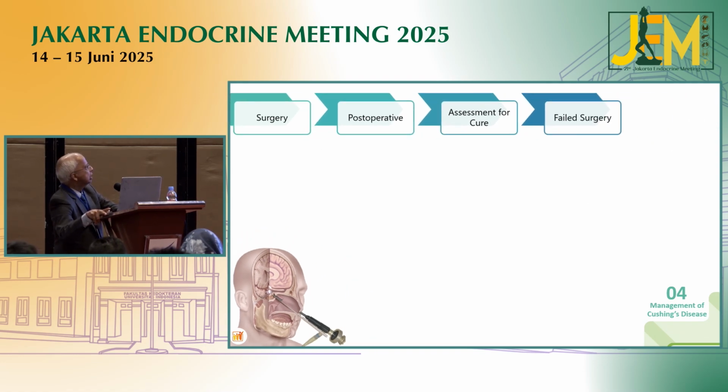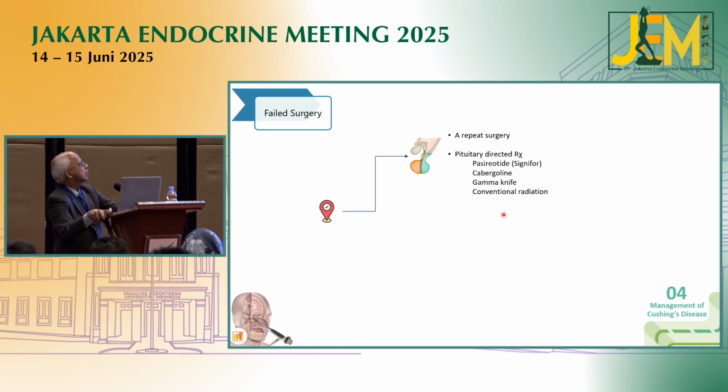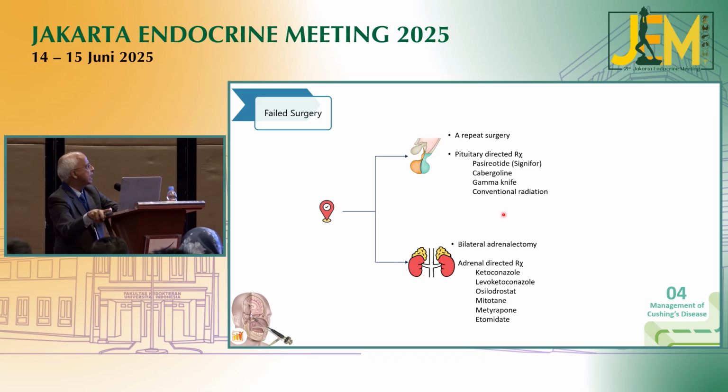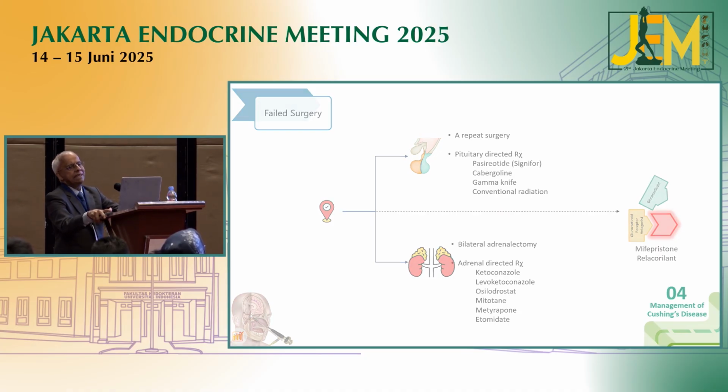Review the pathology. Sometimes we fall into this. So we can have pituitary directed treatment, drugs, radiation, adrenal directed treatment, bilateral adrenalectomy, or drugs for adrenal, and more recently, glucocorticoid receptor antagonists.